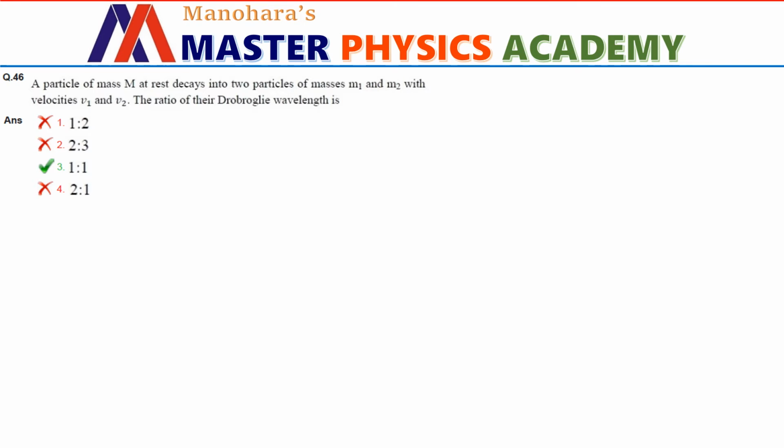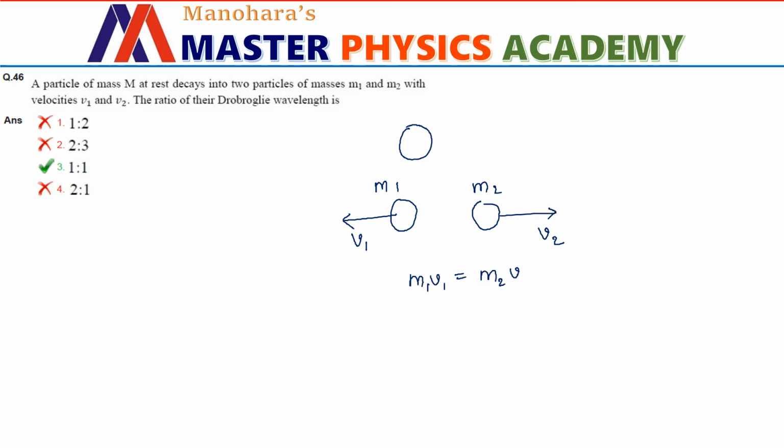So according to the conservation of linear momentum, after decay the particle with mass m1 flies this way with velocity v1 and the particle with mass m2 flies off in the opposite direction with velocity v2, such that m1 v1 is equal to m2 v2. This is according to the law of conservation of linear momentum.